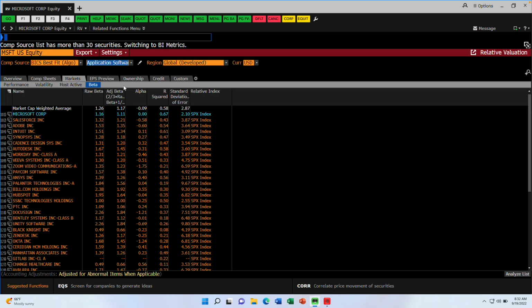It's higher, right? Why? Why is this market with the beta industry average of 1.26 more economically sensitive than the infrastructure market?